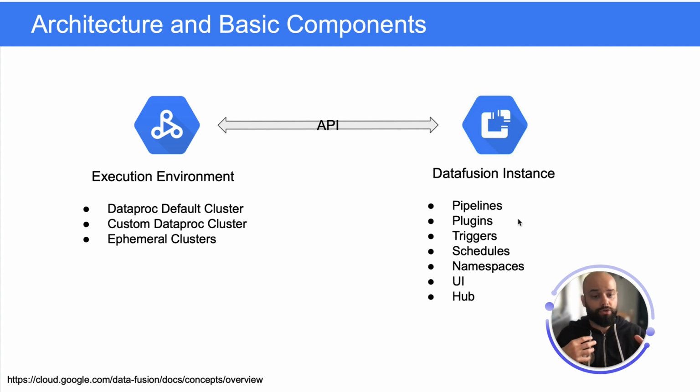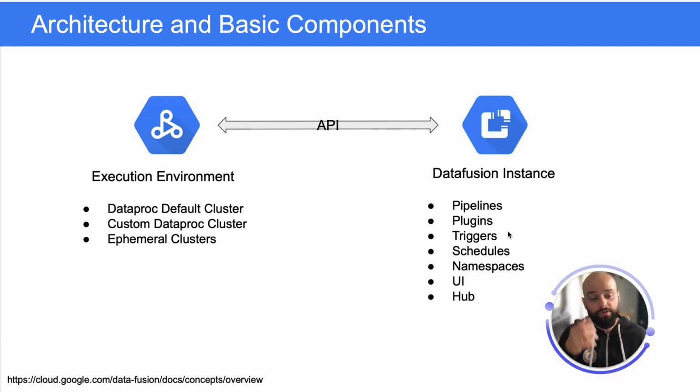We use plugins in the pipelines. For example, we can download plugins from third-party vendors or from community members, right? And these plugins are basically things like ingest data from Google Cloud Storage, from BigQuery, insert into BigQuery, do transformation, do data deduplication, work with JSON files and this kind of things.